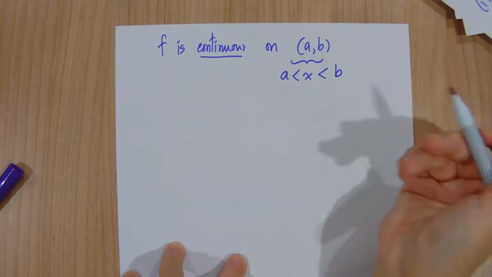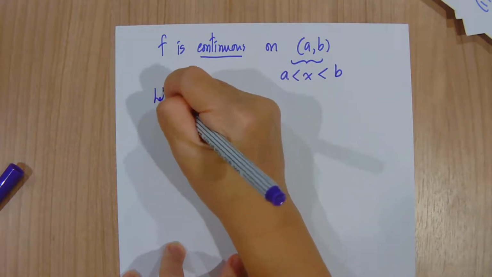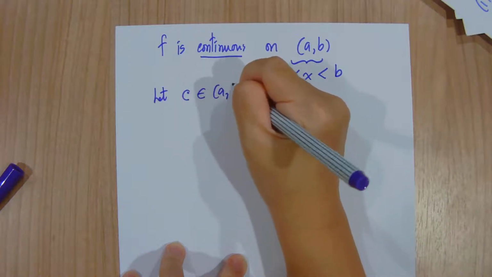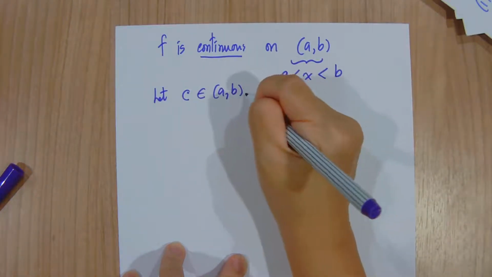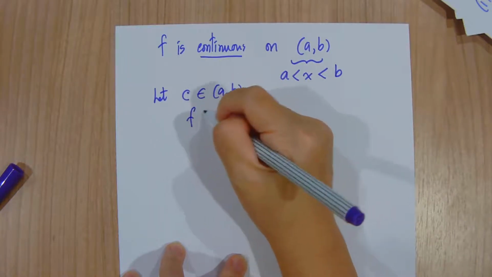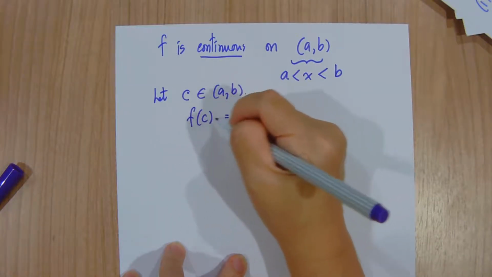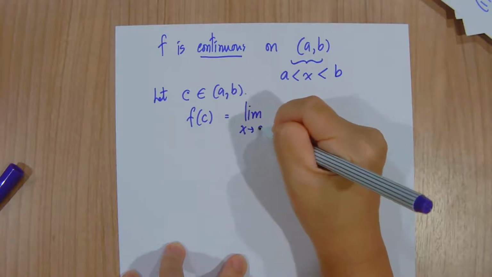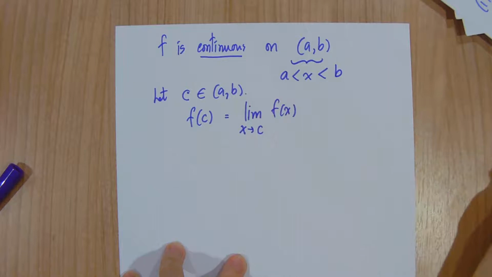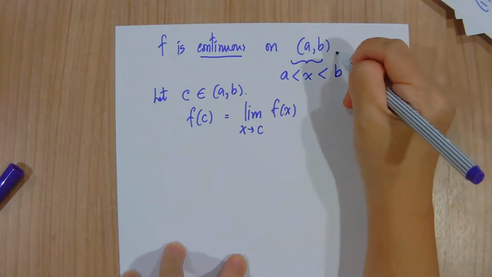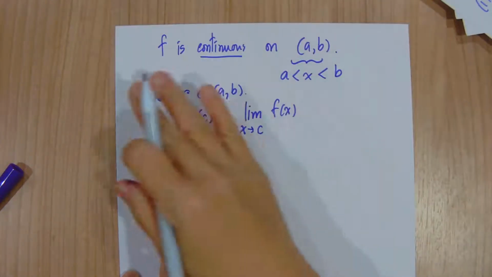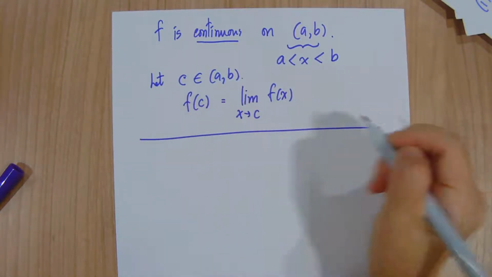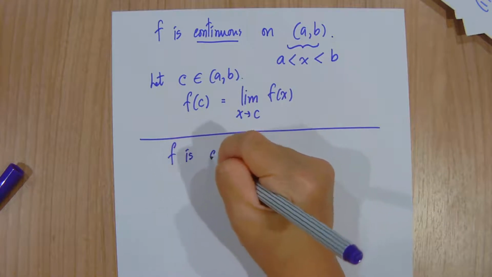So you just let c be in the open interval, and check whether the value of f(c) equals the limit as x is close to c of this function. So this is the definition to find continuity on the open interval. How about the closed interval?